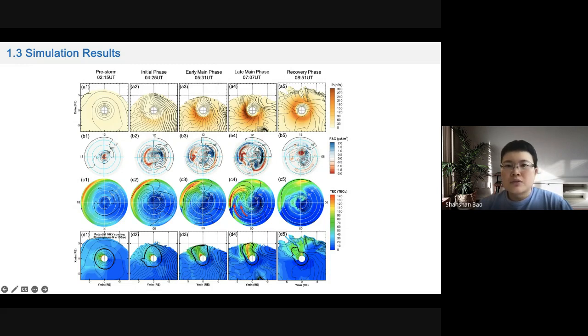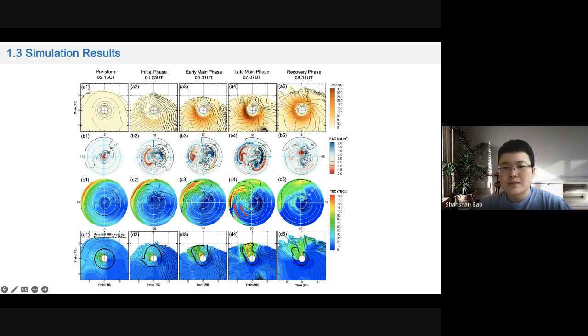Then during the late main phase, you can see the ring current has reached its peak value, and the double cell pattern is fully established, and the cross-polar convection potential is very strong. For the ionosphere, the TEC plume has extended across the polar cap due to the strong convection driving.